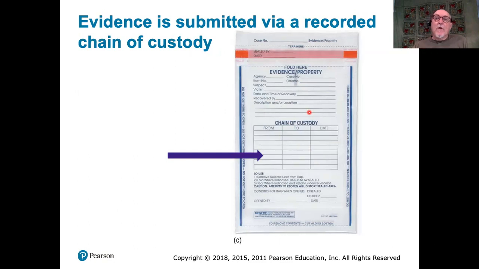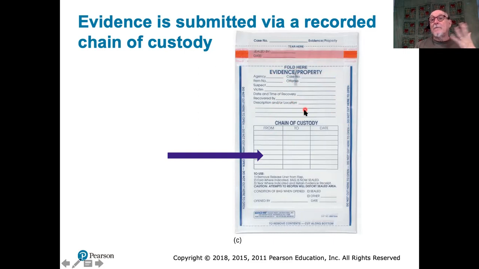In other words, the very first person to collect that evidence places it in holding, in their paper bag, in its plastic bag, or whatever. They provide all of the information about the crime, the precinct, whatever agency it is that is collecting this evidence.